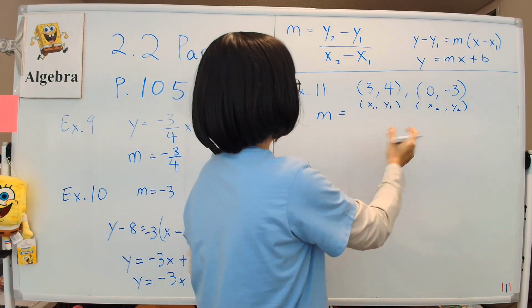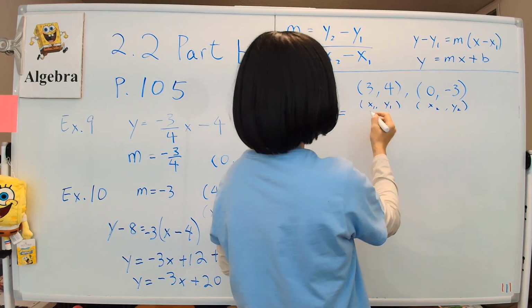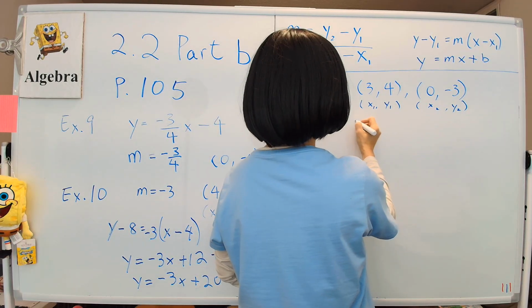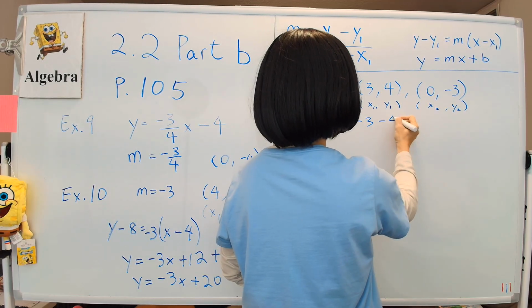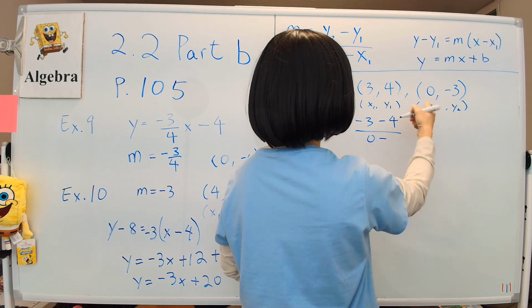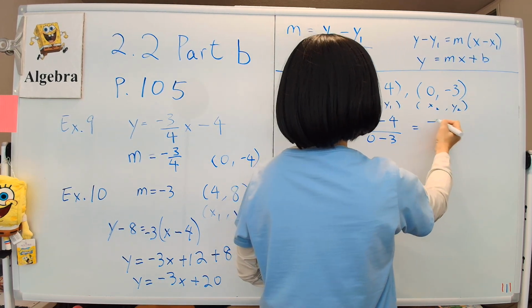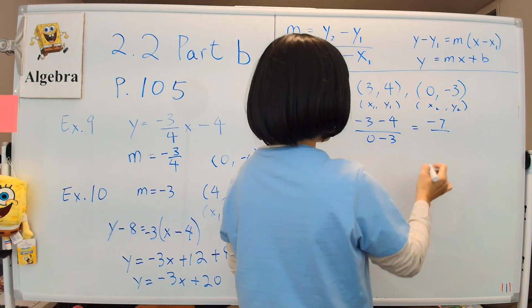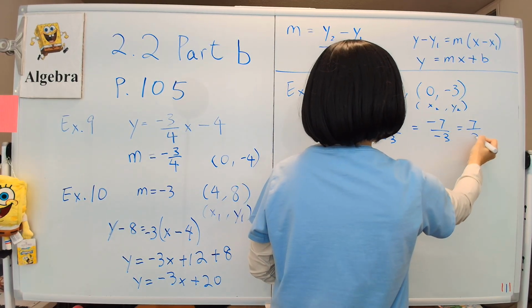Then we'll subtract following this formula exactly. So we have y2, which is -3, subtracted by y1, which is 4, divided by x2, which is 0, minus x1, which is 3. That equals -7 divided by -3, which is 7/3, and that is the slope.